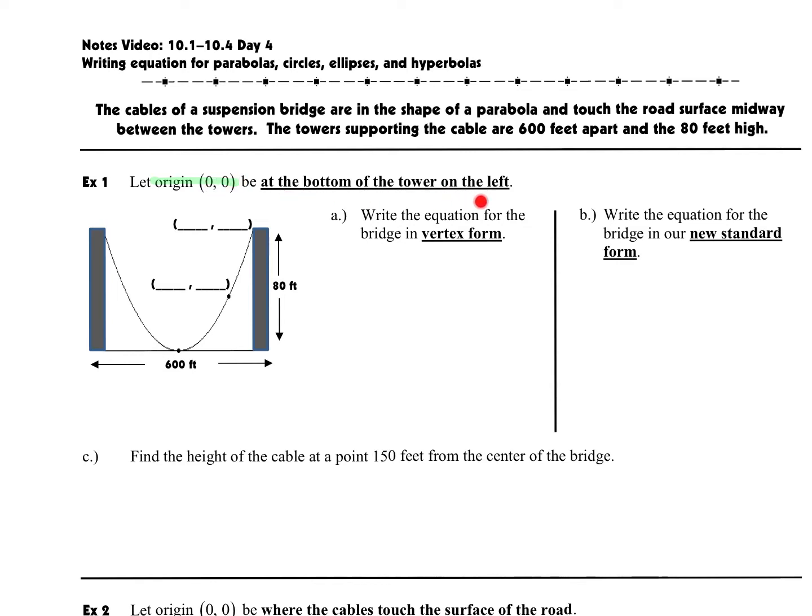at the bottom of the tower on the left. So we're going to put our origin over here on the left, and to help us really represent this, we're going to draw in our XY axis that's going to look now like this. So that makes this point right here 0, 0. What that's going to do is change where some of our other points are.